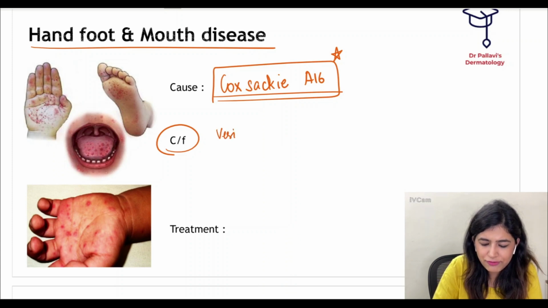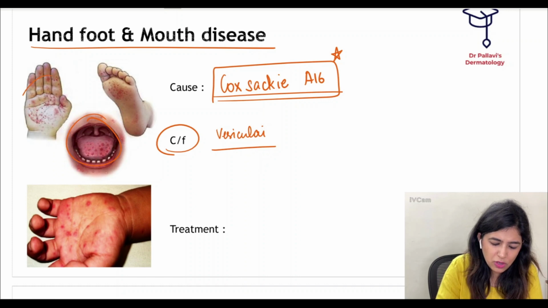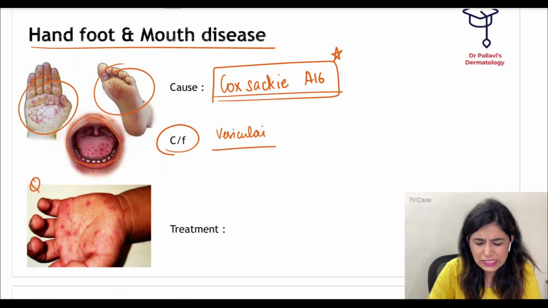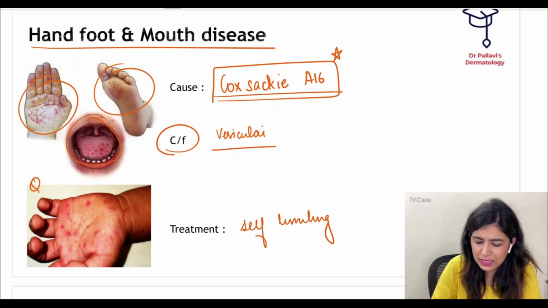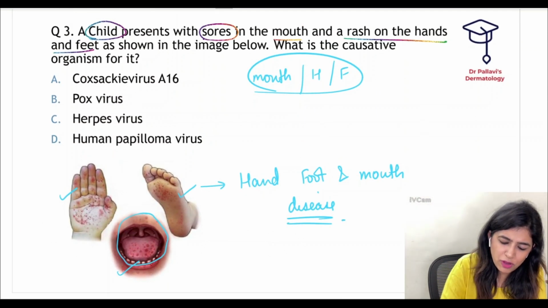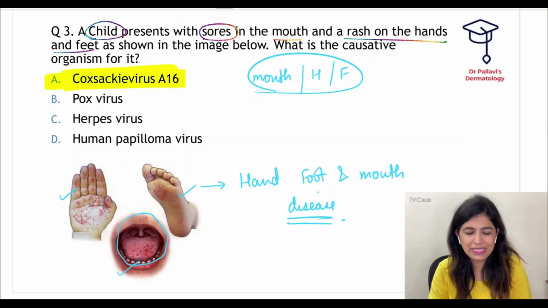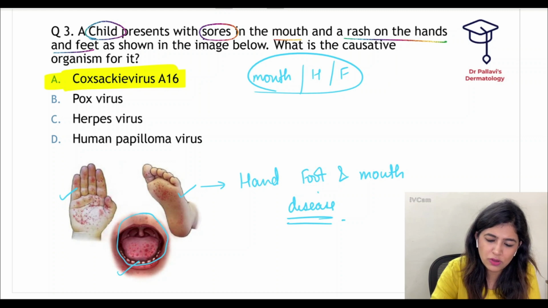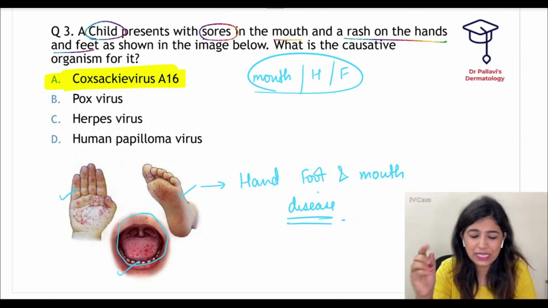You get a vesicular rash on the oral cavity, on the hands and the feet, as you can see in the image here. This is a self-limiting disorder and doesn't require any treatment. So this is HFMD. Coming back to the question, yes, we have Coxsackie A16 in the option. So the answer to question number 3 is option A, that is Coxsackie A16.